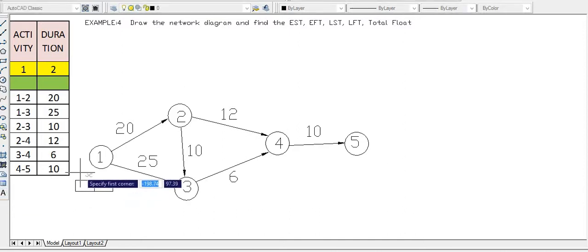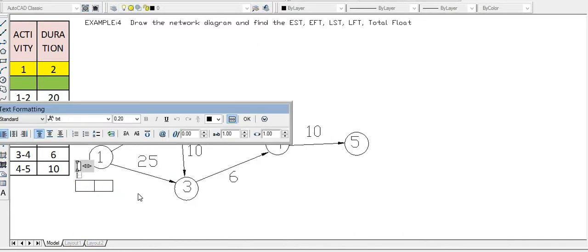So these 2 things we have to calculate. I am writing down here what we have to calculate. The first box we are calculating as earliest start time, and the next box we will calculate as earliest finish time. Okay.